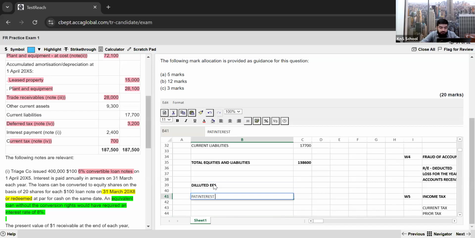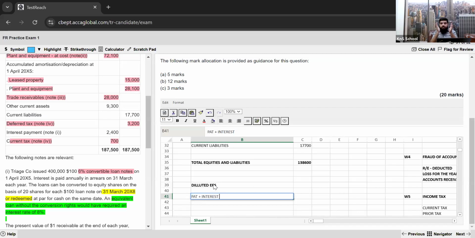Why? Because if the investor opts to convert the convertible bond into equity or shares, you will save some interest. It means the interest that was due every year will not arise. So your interest will be saved.